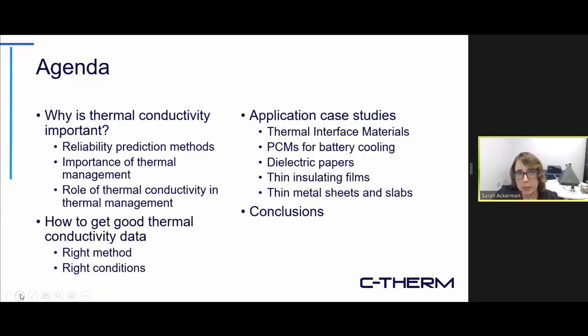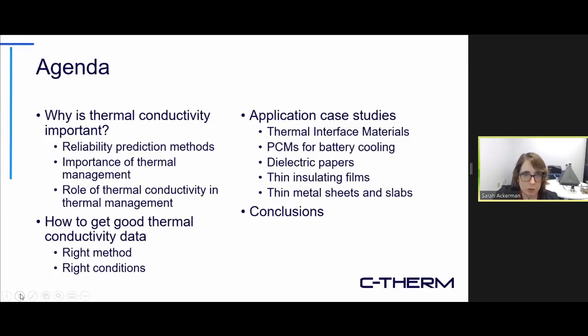I'm going to start by discussing briefly why thermal conductivity is important, and then go into a brief overview of some of the reliability prediction models out there, the importance of thermal management to reliability and reliability prediction, and talk about the role of thermal conductivity specifically in thermal management applications.